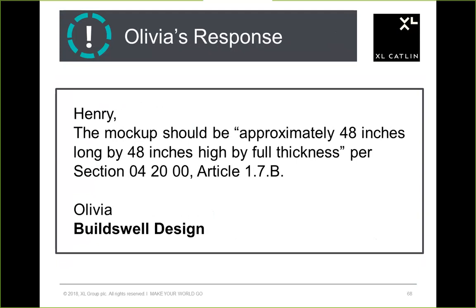So here's the email from Olivia to the contractor. She outlines what the mock-up should be, and she identifies where it is in the construction documents. So the question is, did Olivia handle this properly, or would you have handled it any differently?